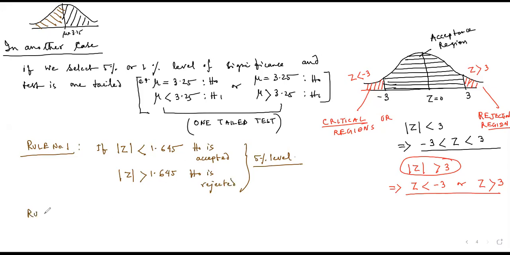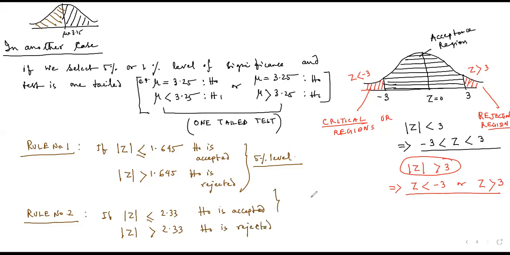And rule number 2 says if mod z is less than 2.33, H naught is accepted, and when mod z is greater than or equal to 2.33, H naught is rejected.